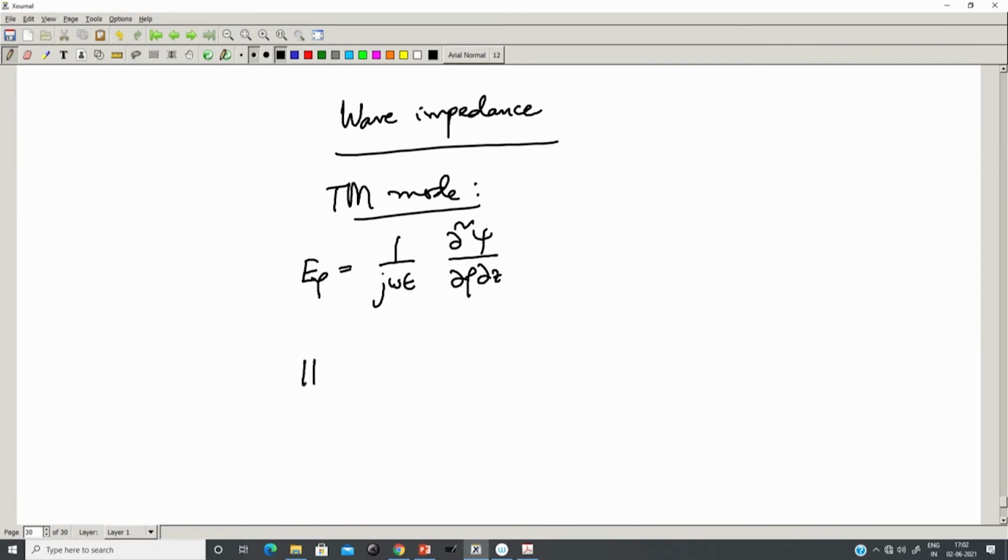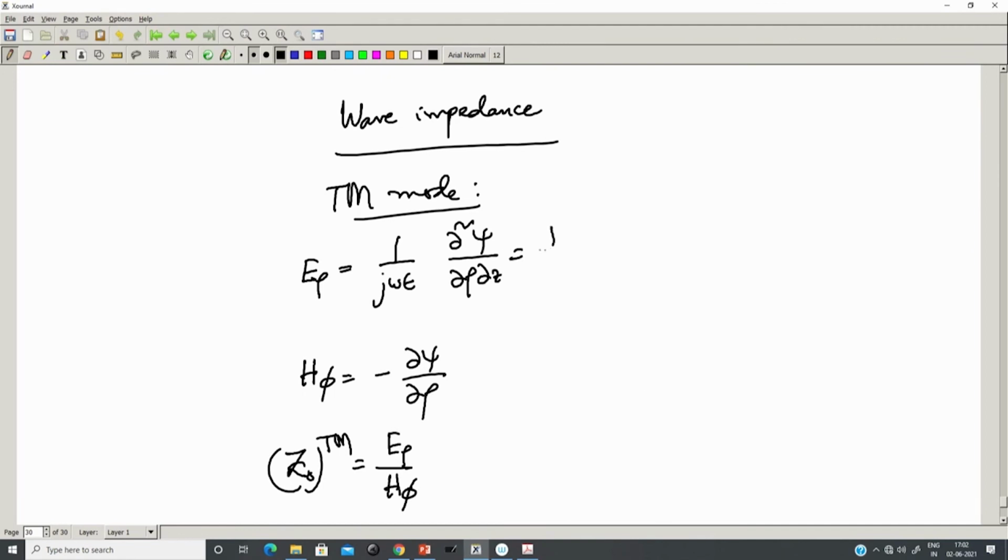We can also find H phi as minus del psi by del rho, substituting for the appropriate psi, and then Z0 TM is given by E rho by H phi.